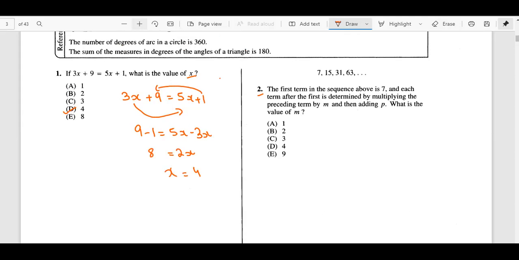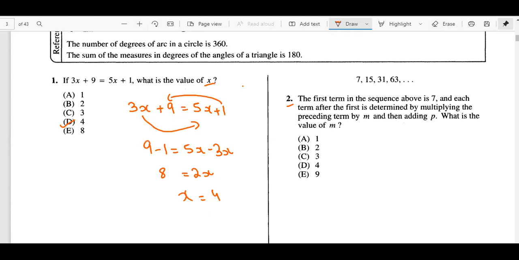Okay, so the second question is, in the sequence above, the first term is 7. And each term after the first term is determined by multiplying the preceding term by m and then adding p.